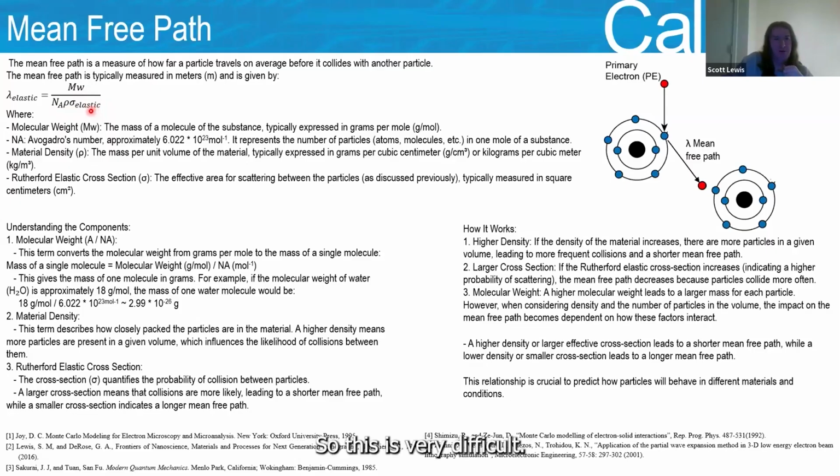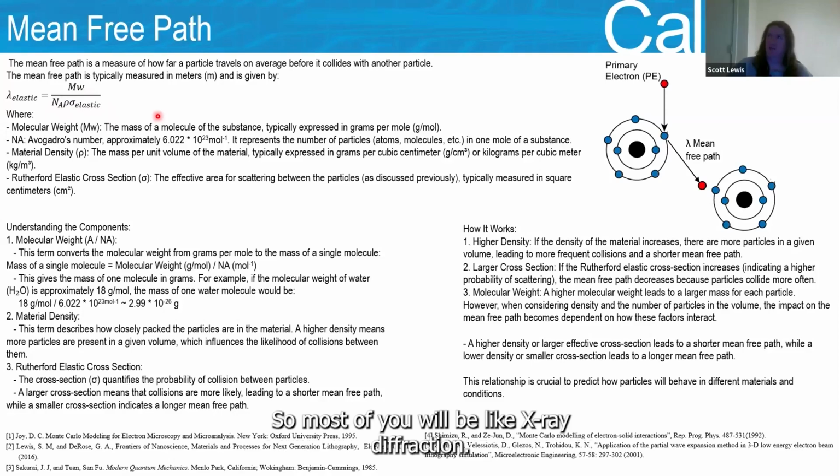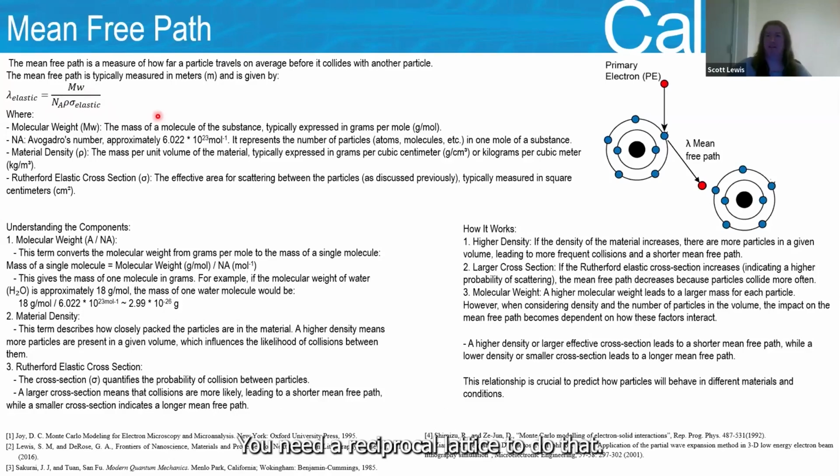Right, so this is very difficult. Let me explain why. Because if I'm making a molecule, how do I know what the density is? Measuring a density is very difficult. We usually do this by X-ray diffraction. Most of you would say, X-ray diffraction, you need a reciprocal lattice to do that.